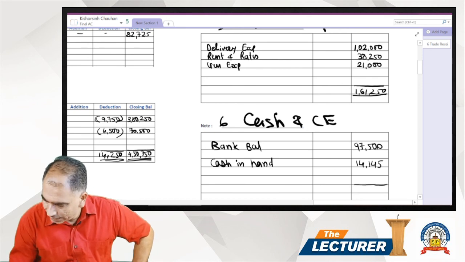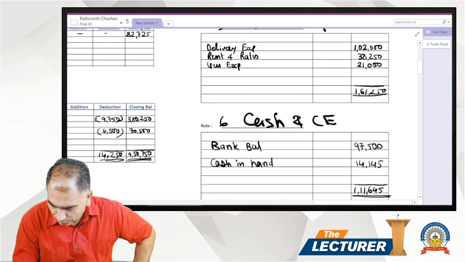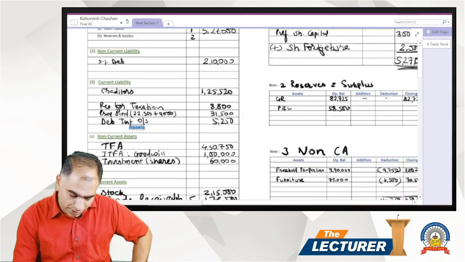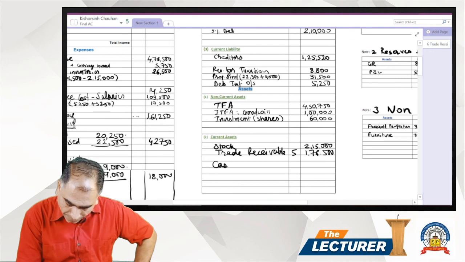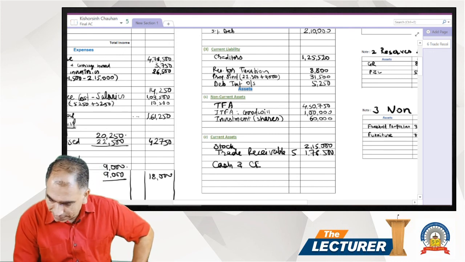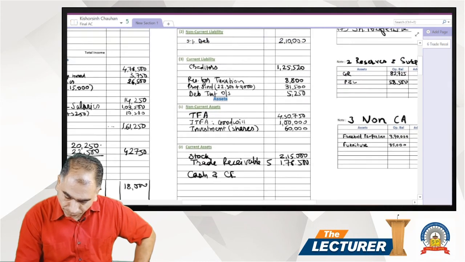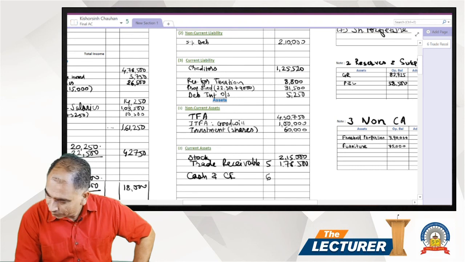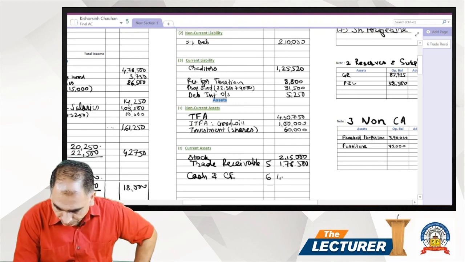So total is 1,11,645. That is in the balance sheet, current assets, cash and cash equivalents, that is the sixth one, 1,11,645.